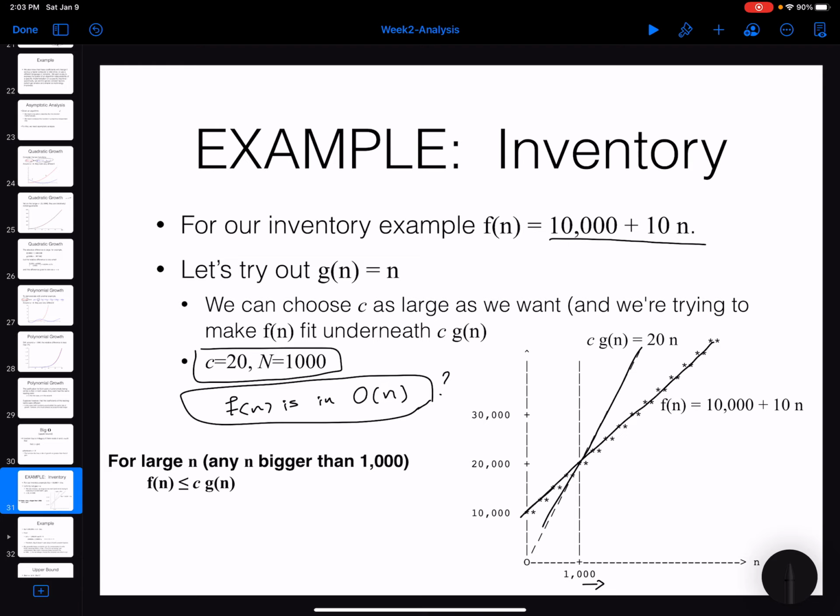You can see that I needed to find that c, so that for all the values of n greater than 1000, this capital N, always f of n is going to be less than or equal to c multiplied by g of n. c is a constant, this is 20, I just multiply it by n. So g of n was n. So I can say that f of n is going to be linear, or f of n is in big O of n.